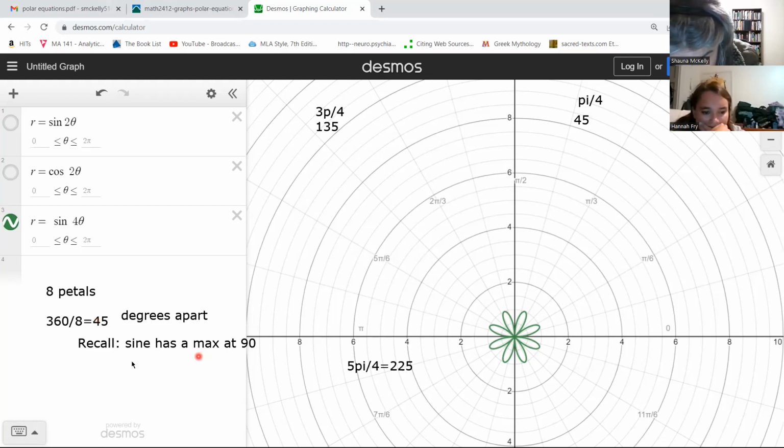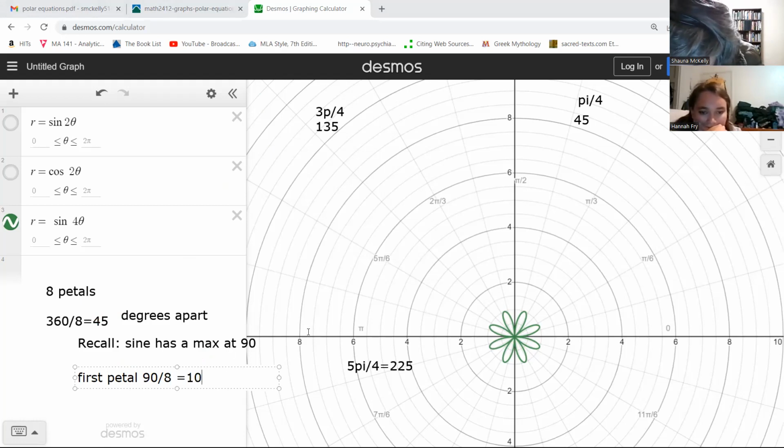So your first petal, let me write the calculation so you can see it, would be on 90 divided by 8, which is about 10 degrees.